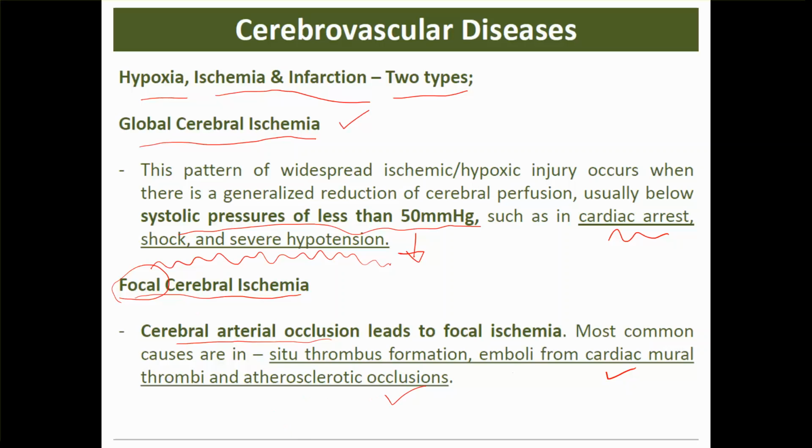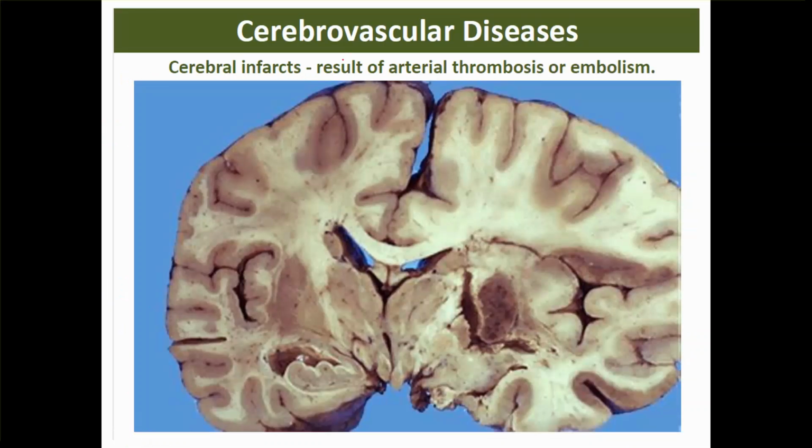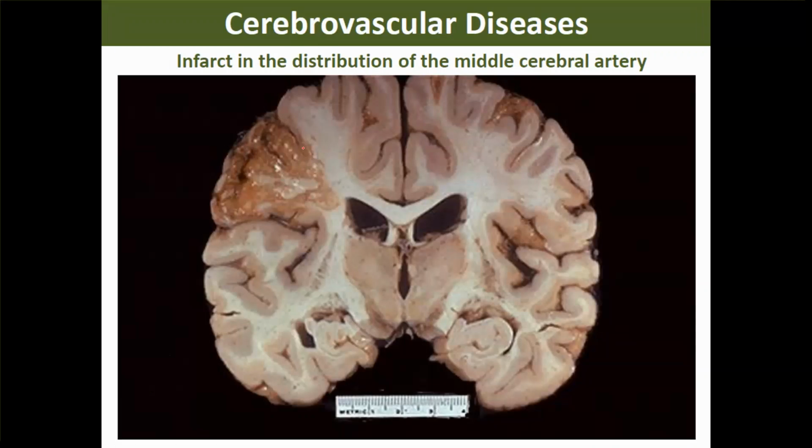So this is the difference between the global cerebral ischemia and focal cerebral ischemia. Cerebral infarcts are a result of arterial thrombosis or embolism. So you can see some of the infarcts over here. Here you can see the middle cerebral artery infarct.